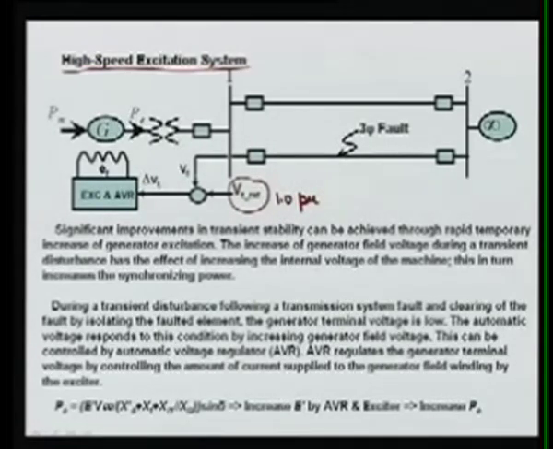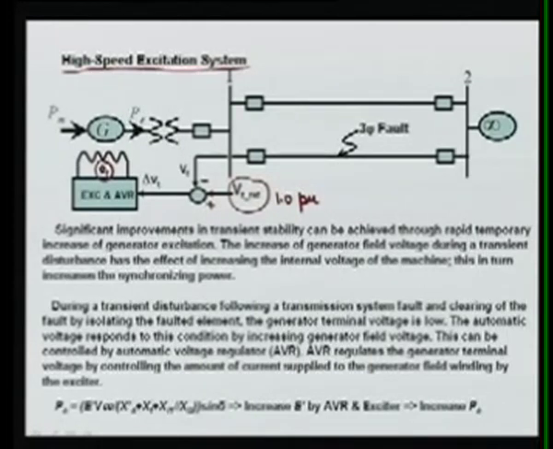If the terminal voltage is not equal to your reference setting, then some error signal will come here, and the excitation and AVR system will change your EF here. So this is called the AVR loop of the system, or you can say the excitation system of your alternator.